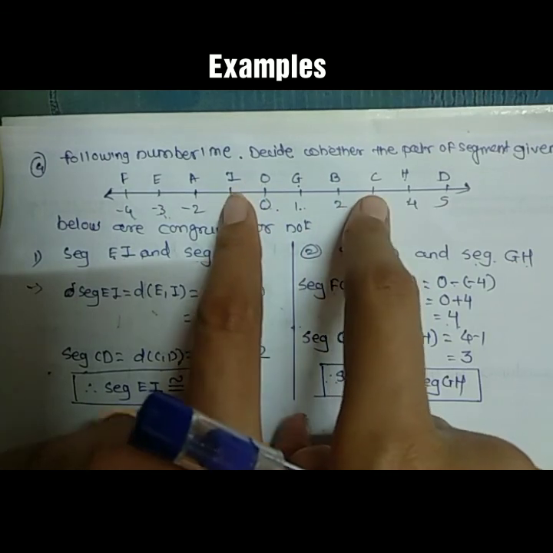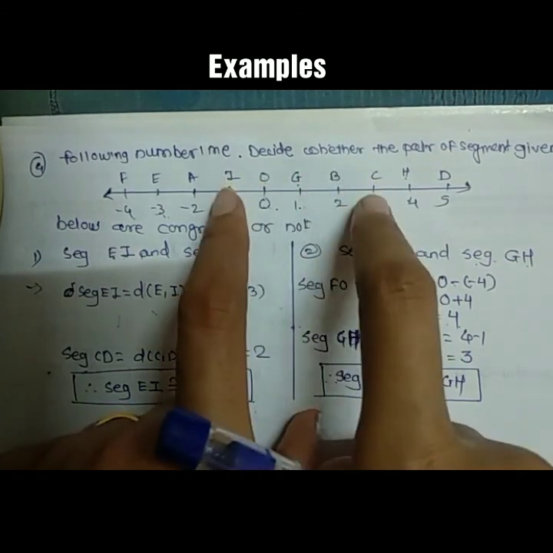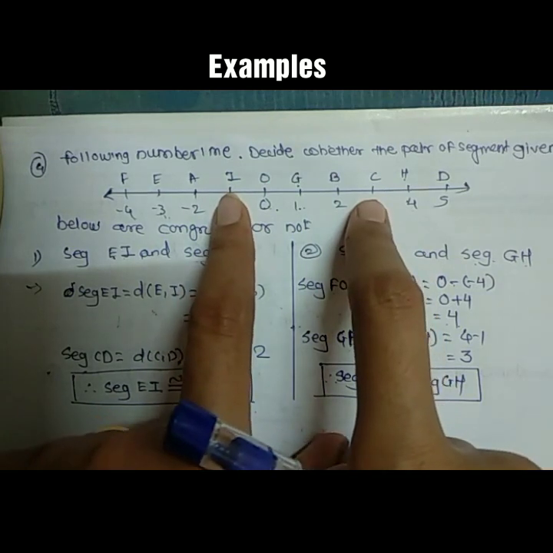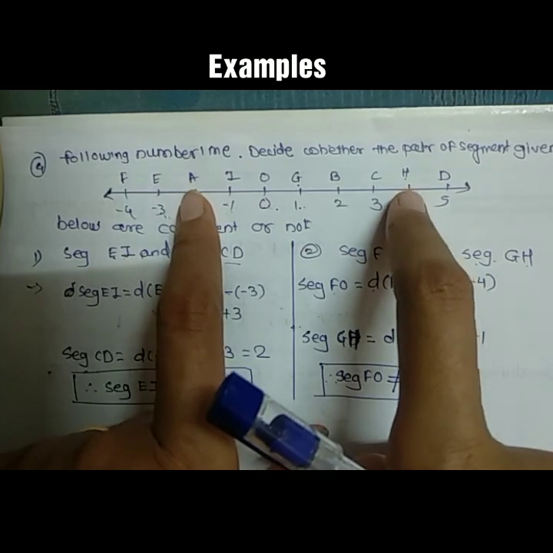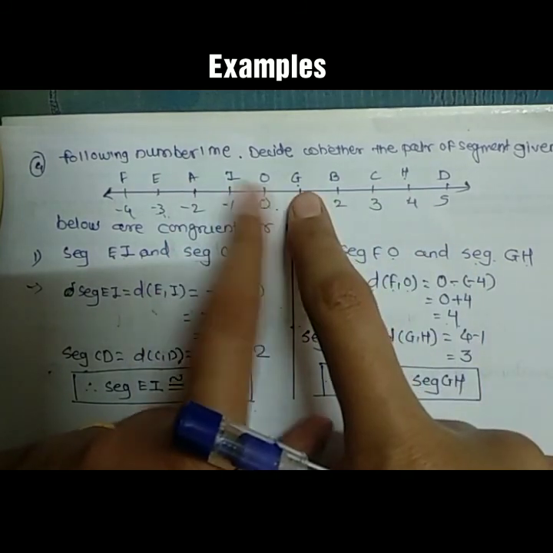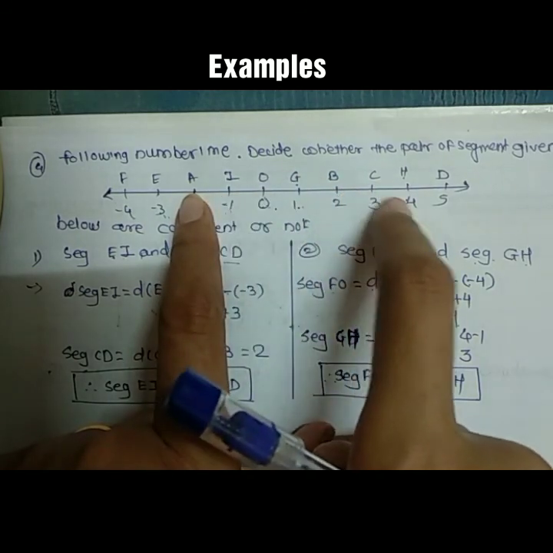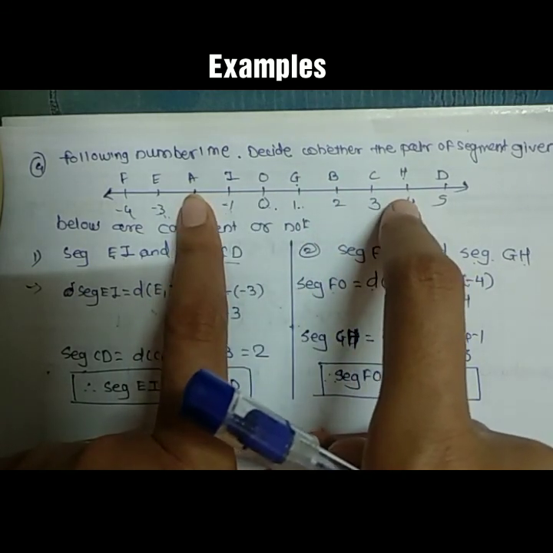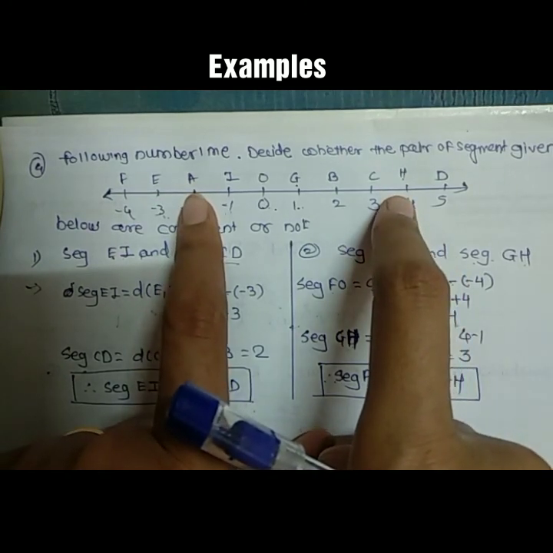If you take 2 units, then points I and C are equidistant from point G. If you take 3 units, then points A and H are equidistant from point G. Let's see here, 1, 2, 3 units from point G to A, and 1, 2, 3 units from G to H. So A and H are also equidistant from point G.